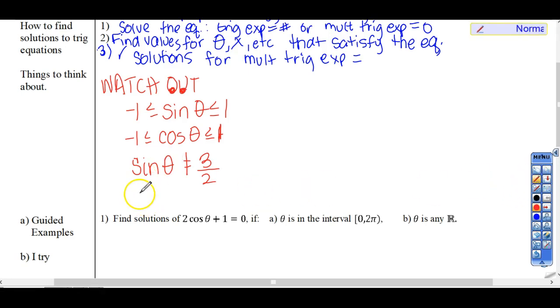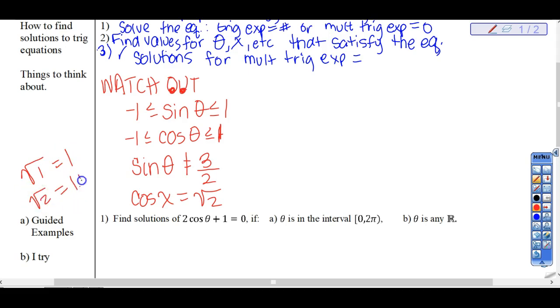Other things, say we have cosine of x equals the square root of 2. Well, if you're thinking the square root of 1 equals 1, right? The square root of 2 is bigger than 1. So anything under a square root that is more than 1 gives a value that's more than 1.